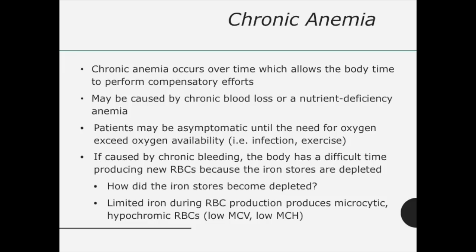So, if they are experiencing some form of stress, or maybe they decide to vacation in Colorado and all of a sudden they are now in this lower oxygen environment, and so now that anemia is going to be a little more obvious. So if this is caused by chronic bleeding, your body has a difficult time producing new red blood cells because the iron stores are depleted.